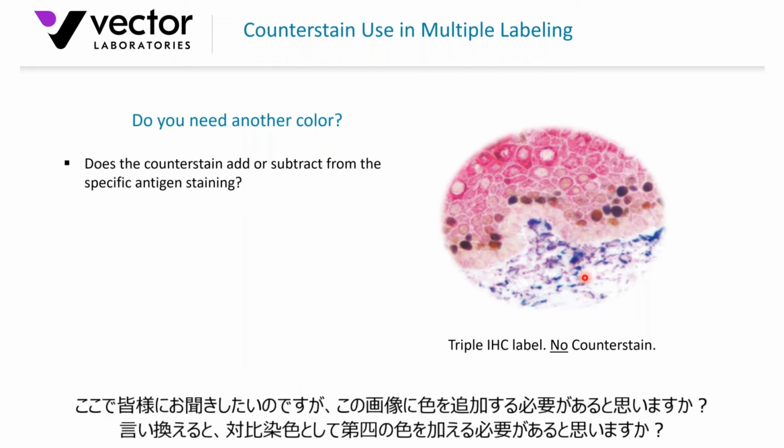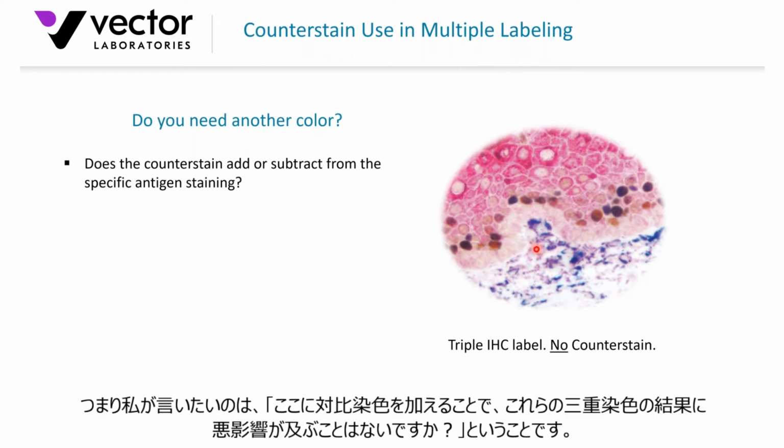But nonetheless, on here, these are the 3 substrates. It's a triple label. And the question I posed here is, do you need another color? What that really means is, do you need to introduce a counterstain in here and put a 4th color in place? And again, a further question is, does the counterstain add or indeed subtract or have a negative impact on your specific antigen staining?